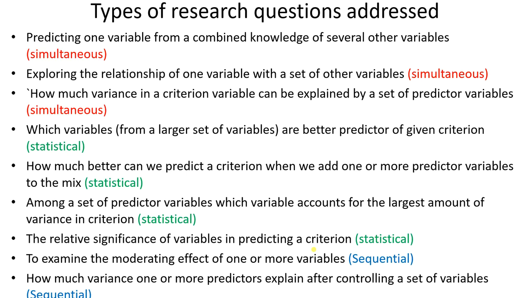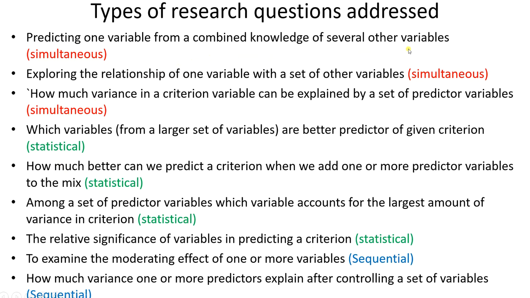Now I have explained the three strategies, and now I am presenting one by one different types of research questions that can be addressed using multiple regression. The first one is predicting one variable from a combined knowledge of several other variables.